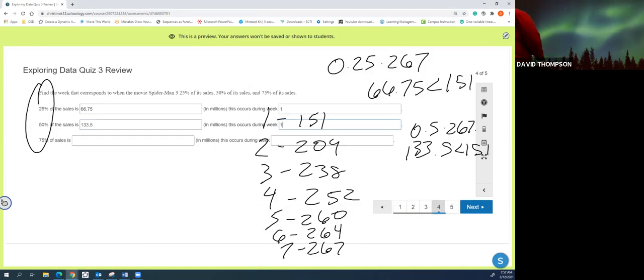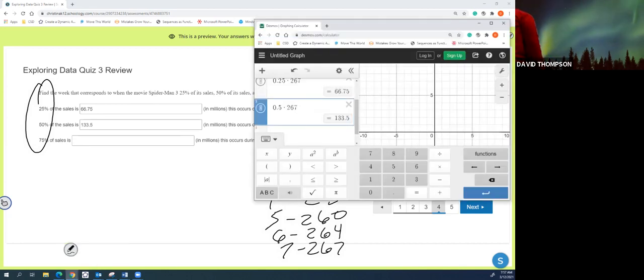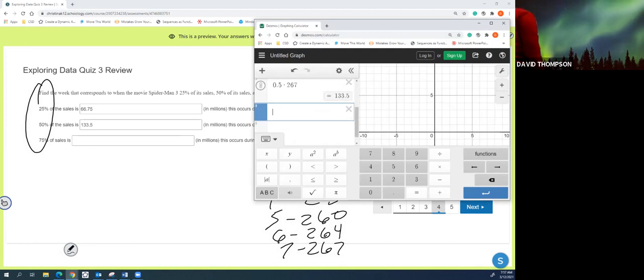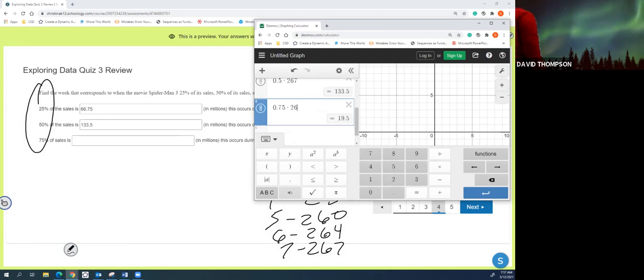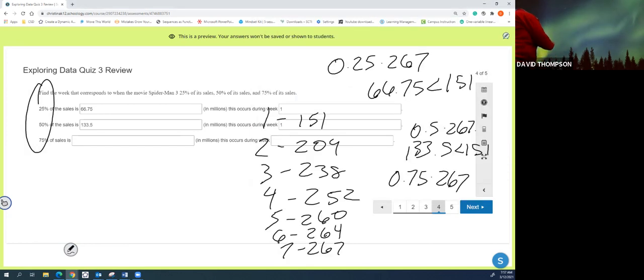Now we want 75%. So it's going to be 0.75 times 267. That'll be 200.25.